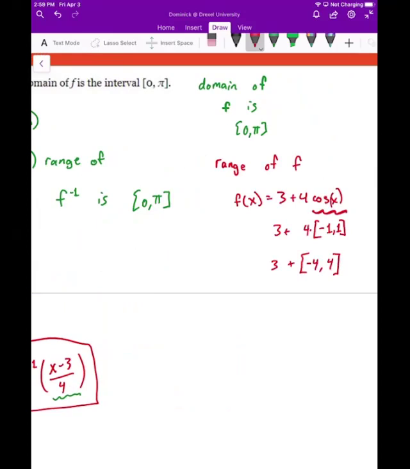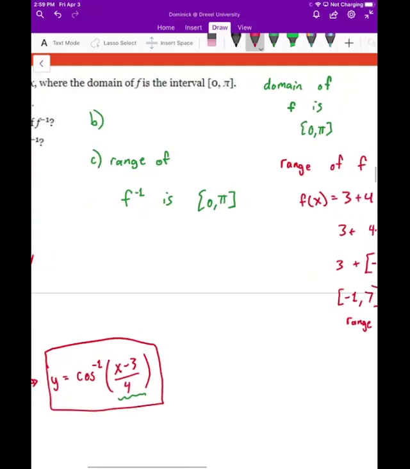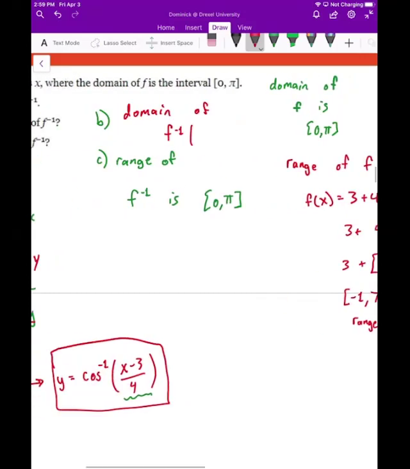And then if I shift everything in that range up by 3, I'm going to get the interval -1 to 7. If I add 3 to -4, I get -1. If I add 3 to +4, I get 7. So this is the range of f. And since that's the range of f, that's the domain of f inverse. So the domain of f inverse is -1 to 7.